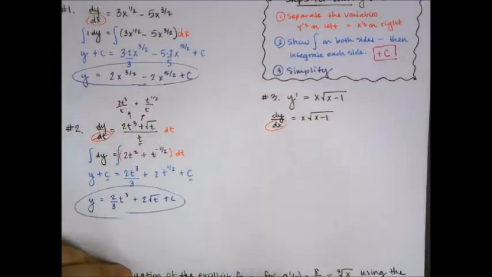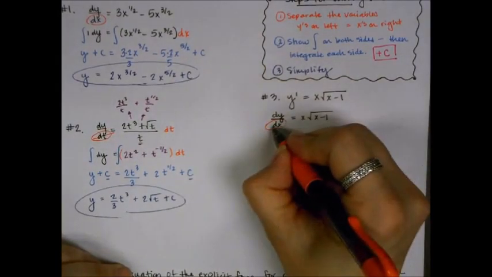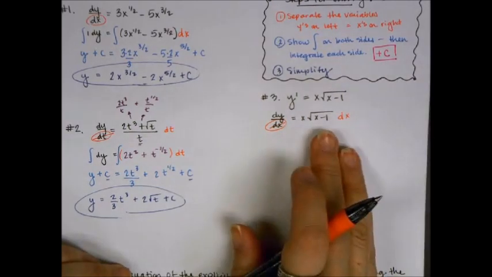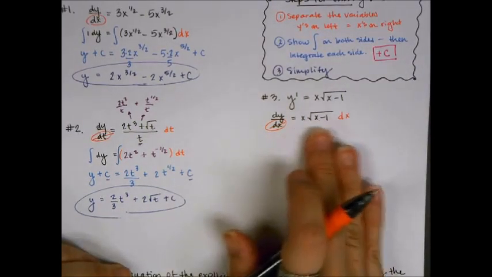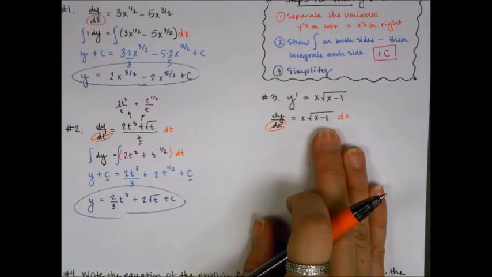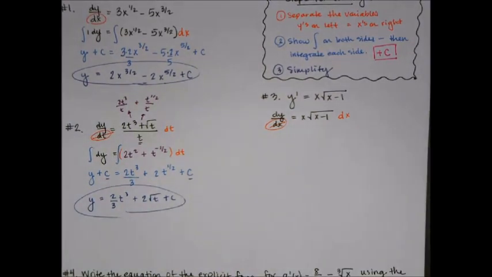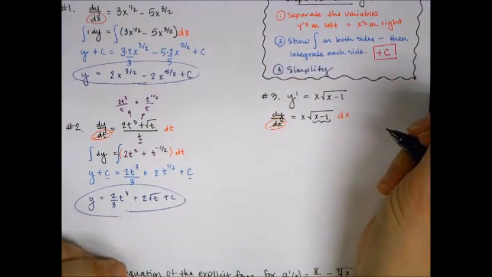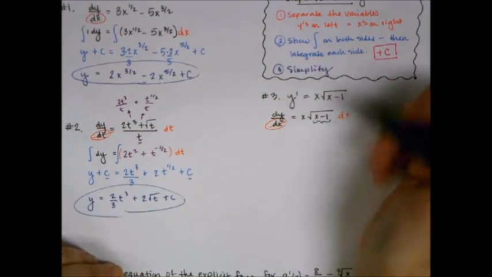Now, besides that, this problem is not quite ready to integrate because I can't integrate with a product. So I'm left with having to figure out something else I can do, and that's going to be u substitution. So we're going to grab color here for the inside. Remember, we only want to let u equal the stuff inside, so u is going to be x minus 1.